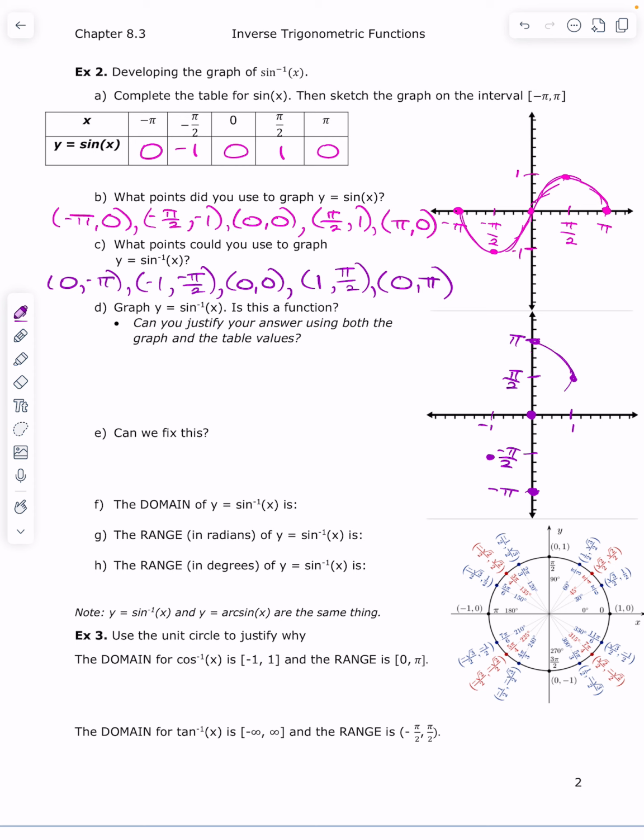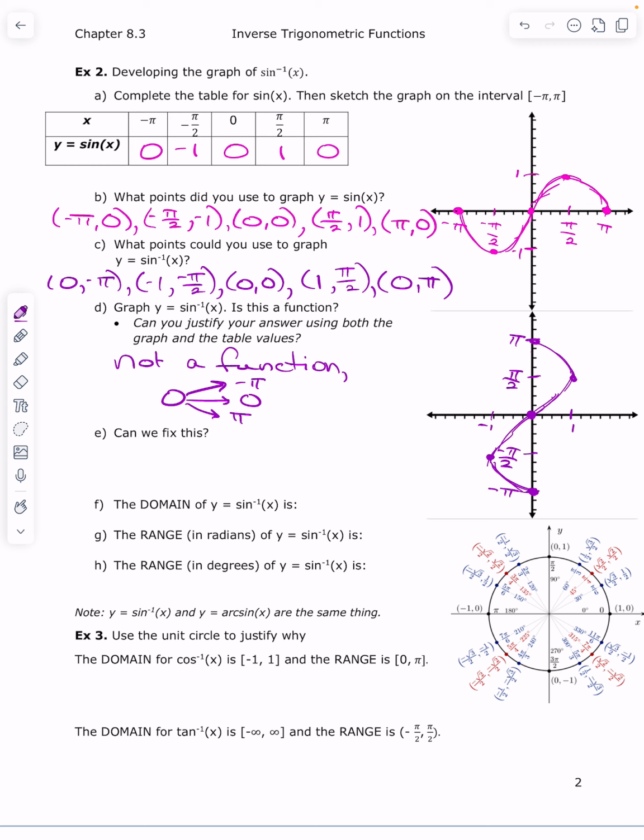And as I go to sketch this out, I realize I have a problem, because even this one period does not pass the vertical line test. This is not a function, because 0 gives me negative pi, gives me 0, and gives me positive pi.